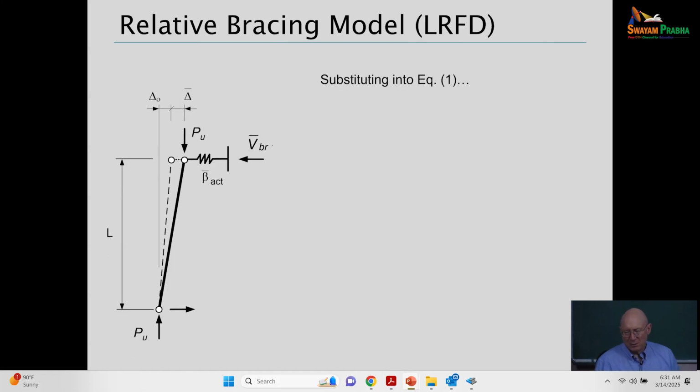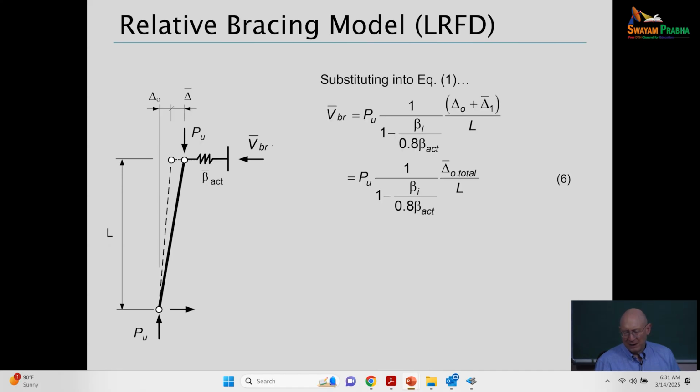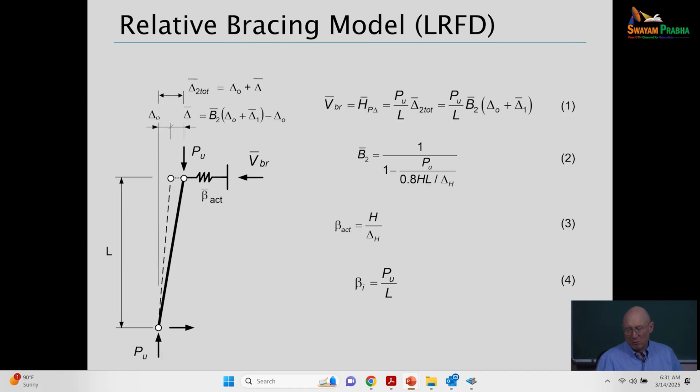All right, so if we substitute everything that we just derived into the fundamental equation, equation 1 here at the top of the screen, where we're just saying, oh, the P delta, the brace force is really just the P delta shear that we get based on the total second order side sway deflection.